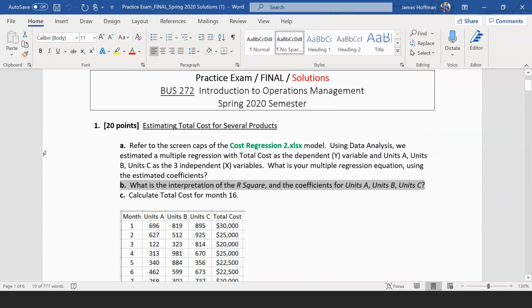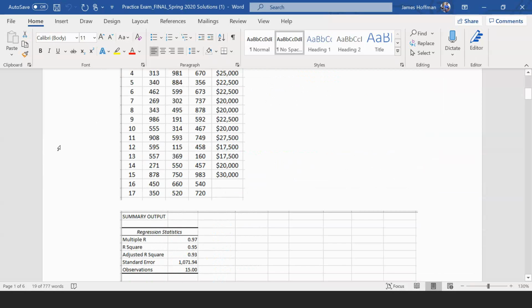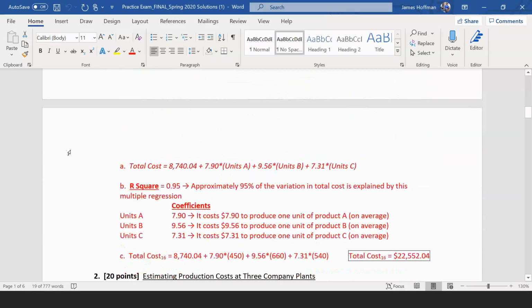Okay, part B is what's the interpretation of the R square and the coefficients for units A, B, and C. All right, so the R square is 0.95. You can see that up here.